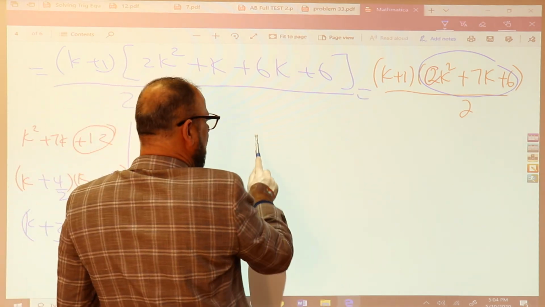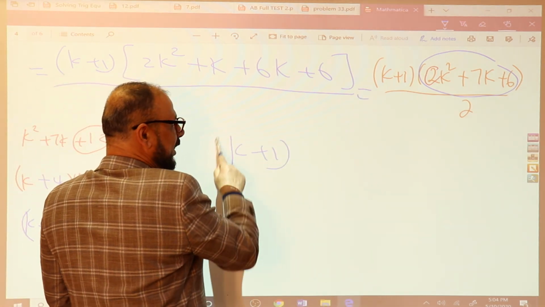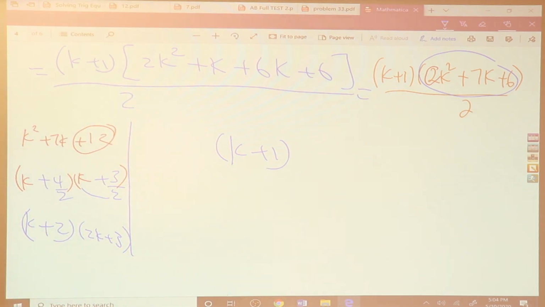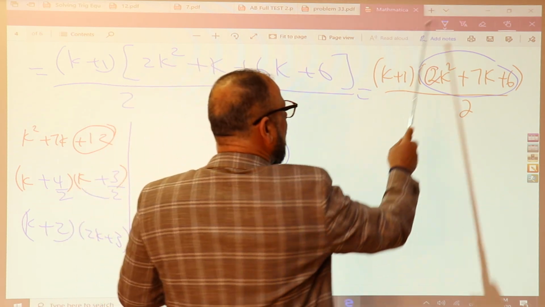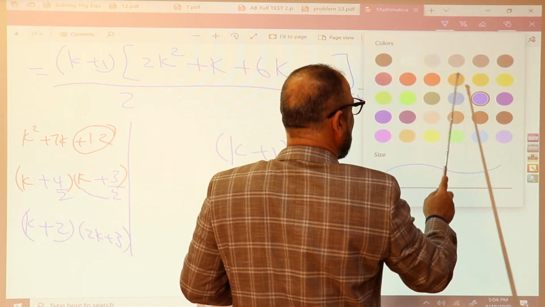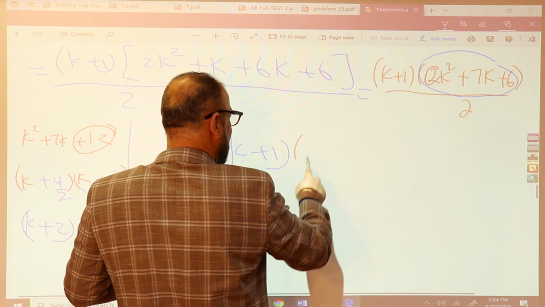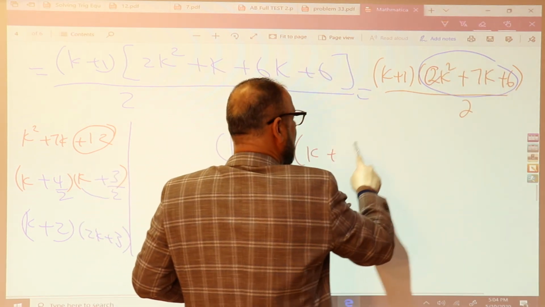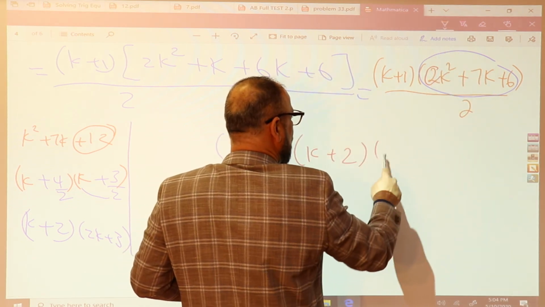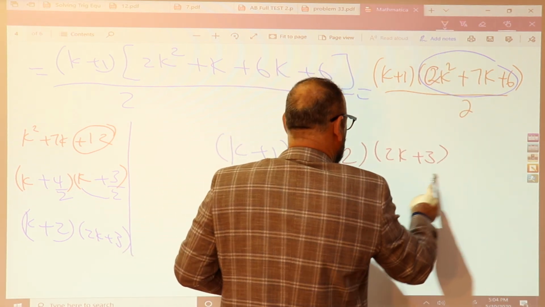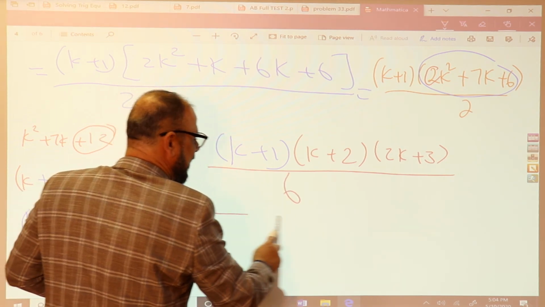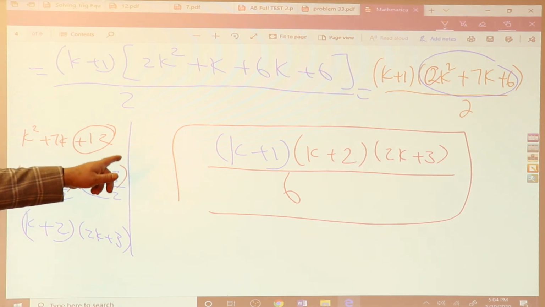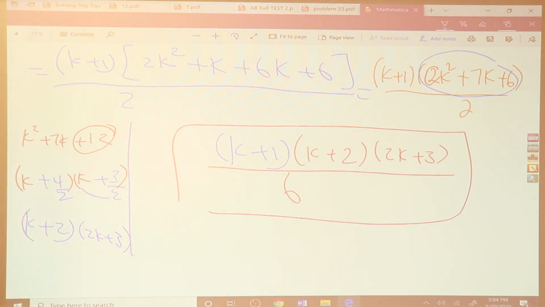Then k plus 1 stays k plus 1, and this guy becomes k plus 2 and 2k plus 3, over 6. This is the same thing as k plus 1, k plus 2, 2k plus 3.